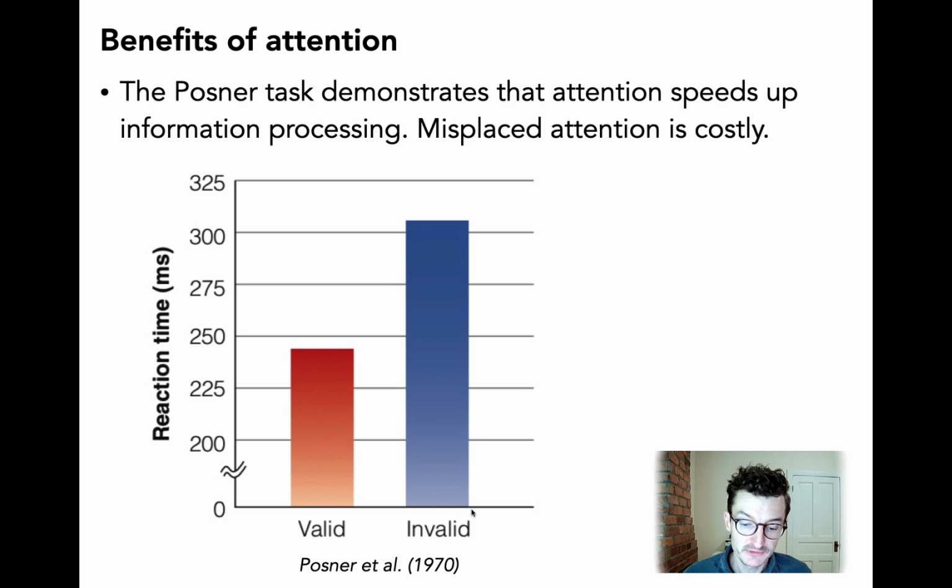So attention seems to facilitate perception. And this is true in visual processing, in auditory processing, in somatosensory processing, touch perception, for instance. Attention seems to facilitate perception in all of these domains. So paying attention is beneficial.